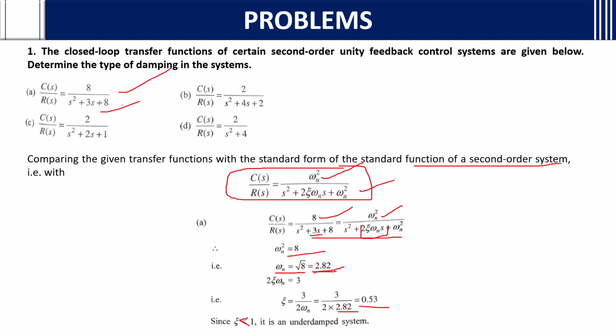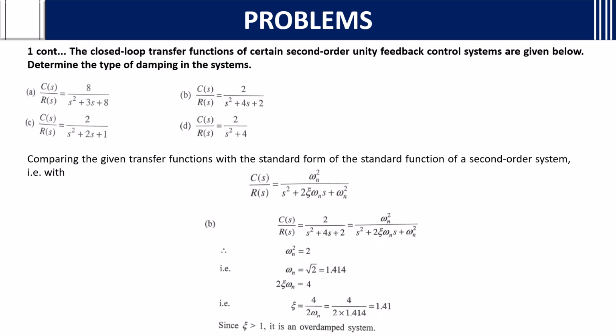It is the part 2 video, time response of second order systems. There I have mentioned all the conditions point-wise so that it will be easy for you to understand. So here, xi less than 1 is an underdamped system.